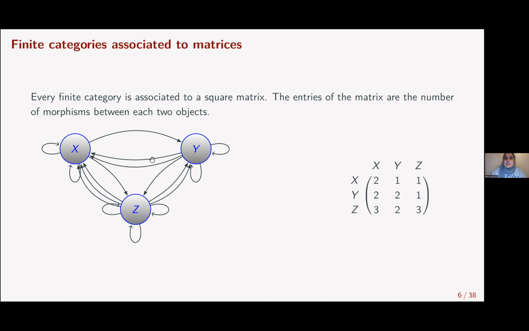Then the matrix associated to this category will be this. So between X and X, there are two morphisms. So here we have two between X and X. Between X and Y, we have one morphism. So we have one here. For example, between Z and X, we have three morphisms from Z to X. So Z to X, we have three in here. So this is the matrix associated to this category.